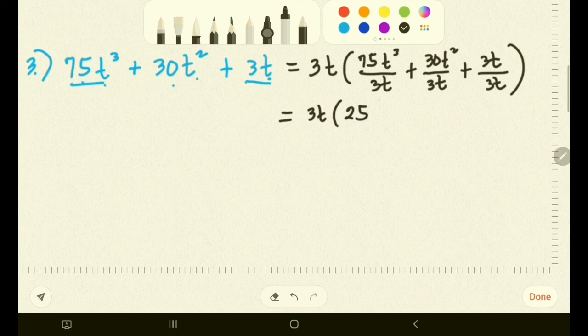T cubed divided by t is t squared. Then 30 divided by 3 is 10. T squared divided by t is t. And then plus 3t divided by 3t is 1.